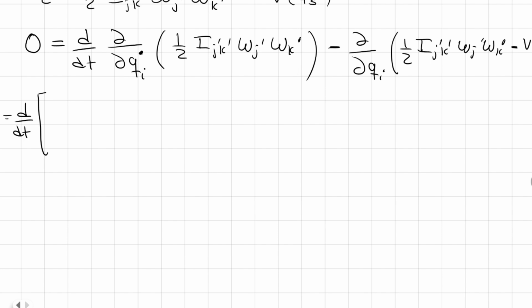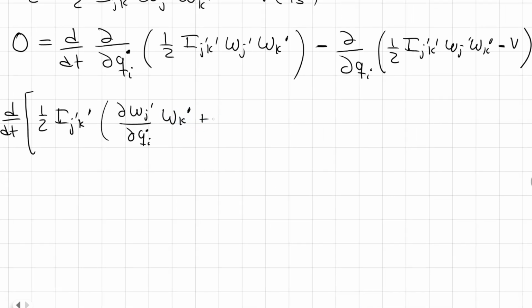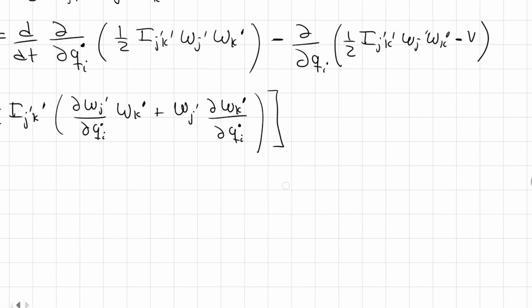So this is going to be 1/2 I_jk, times the derivative of omega_j with respect to q_i dot times omega_k, plus omega_j times the derivative of omega_k with respect to q_i dot. Here we close the brackets.